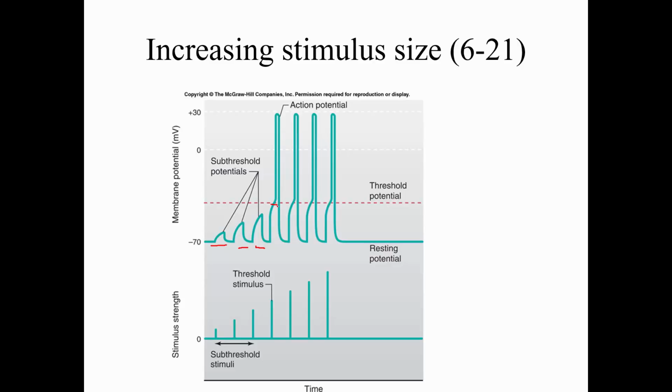And I can stimulate again with a bigger stimulus, but notice my action potentials don't increase in size. So action potentials are a very stereotypical behavior where you open up your voltage-gated sodium channels, then you open your voltage-gated potassium channels, and you get a very repeatable stereotypical behavior.